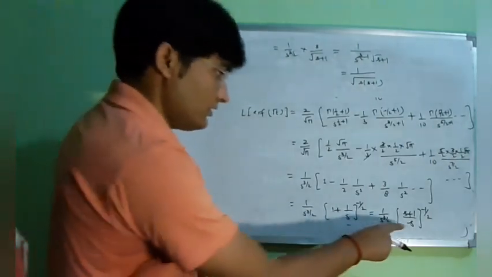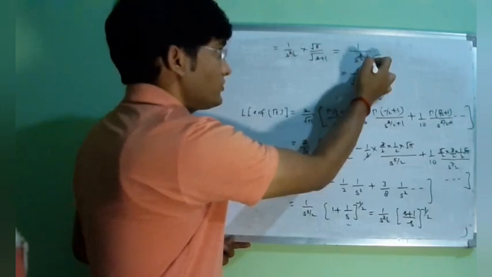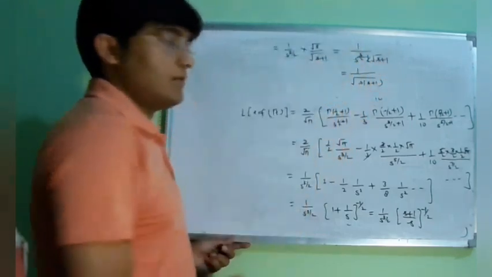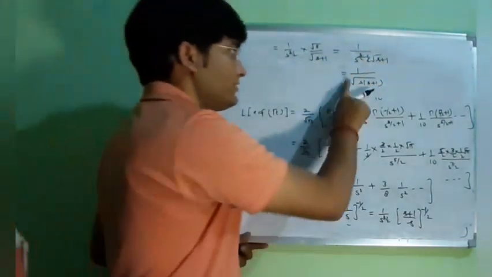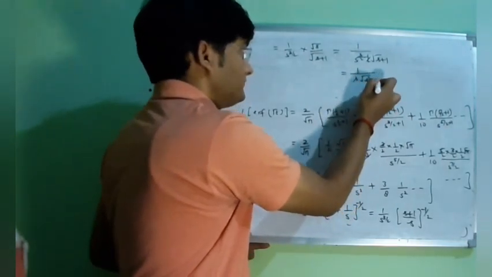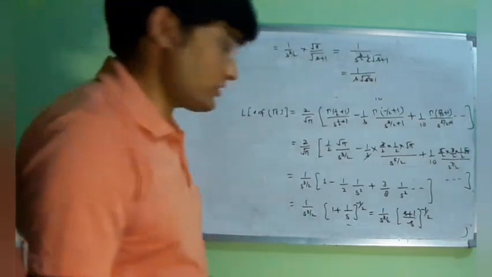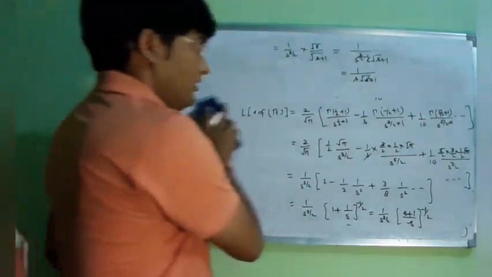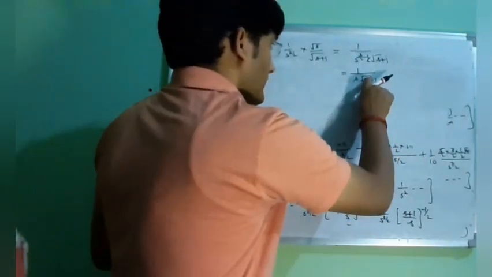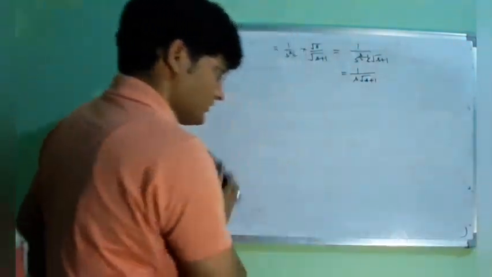Oh sorry, we can see that this is your square root of s. So this is your half, 3 by 2 minus half, you can see that it is 2 by 2, and this will be your s. So this is your s square root of s plus 1. So that is the Laplace of error function. So now we will discuss about the Laplace of Bessel function.